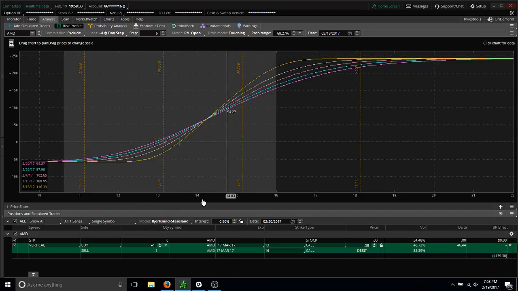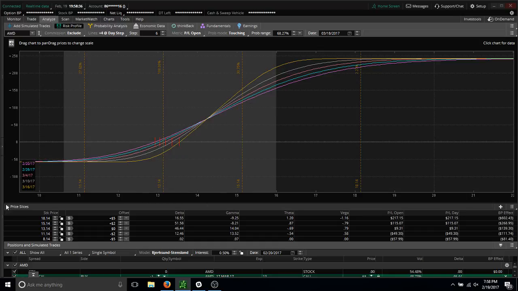All right, so we'll say the expected move is $1.50 here, because that's what it expects it to move. So 1.5, and let's say 3 here.